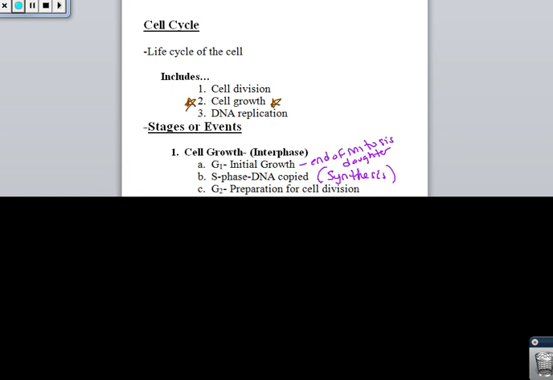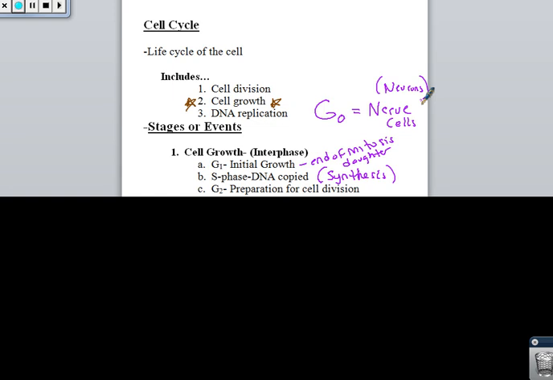G0 phase is the part of interphase where the cell goes out of A, B, or C. It stops growing, it doesn't copy DNA, and it doesn't prepare for cell division. An example of a cell that does that are nerve cells, or neurons.